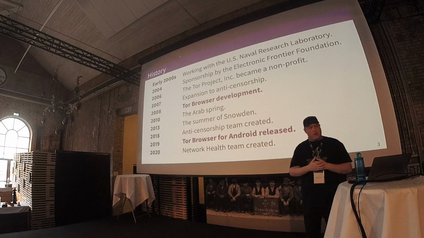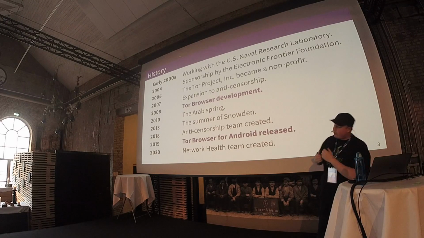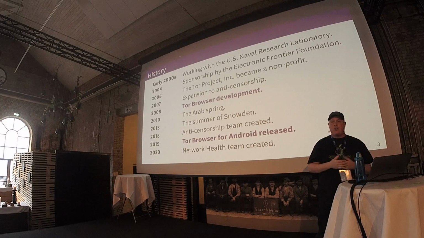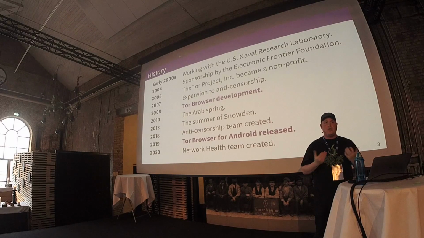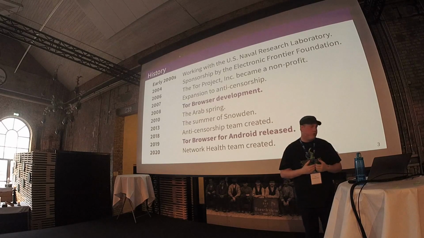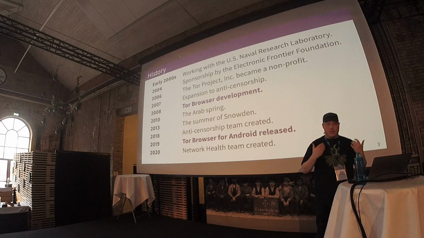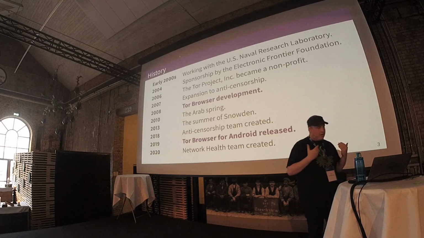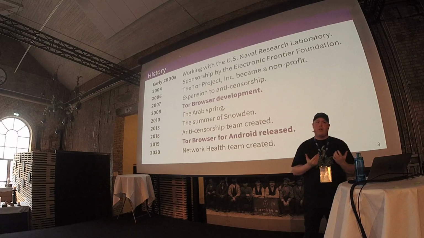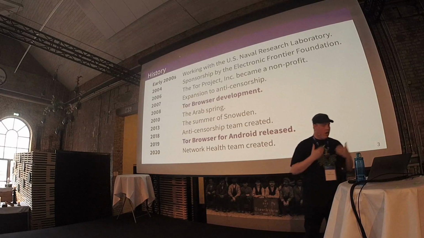If we take a quick look at our history, I better check that these things are correct. Yes. It all started out in the 80s, where we had mixnet research. In the 90s, onion routing. Tor stands for the onion router, but these days we just use it as Tor. It all started out as a US Naval Research Lab project on onion routing. In 2004, we got a sponsorship from EFF to actually build the organization so we could work on this also outside of academic circles.